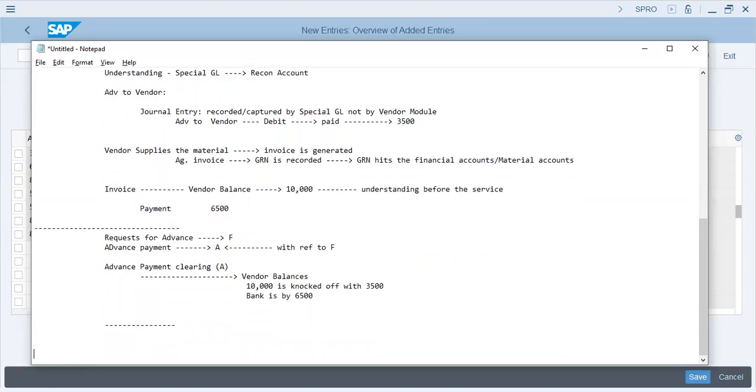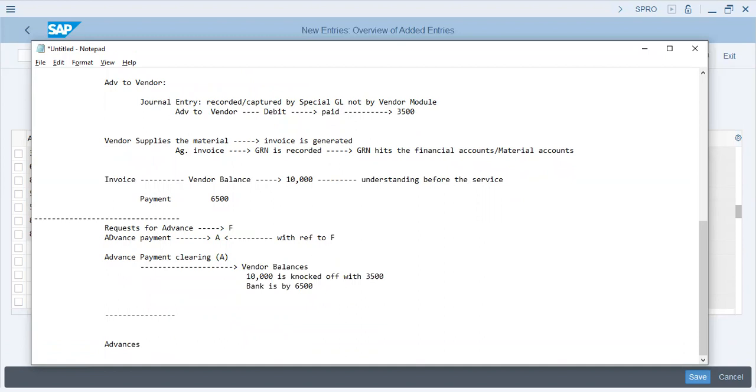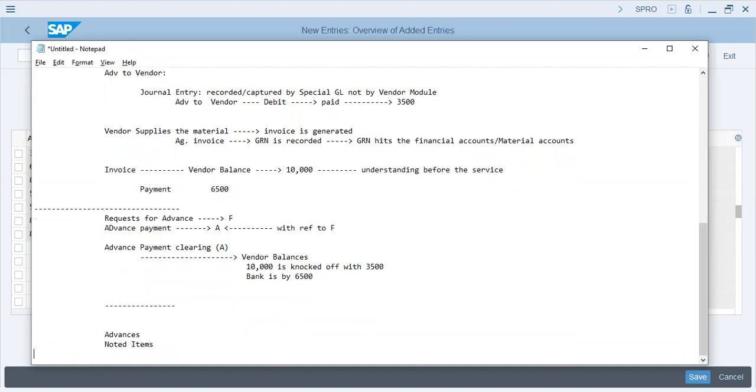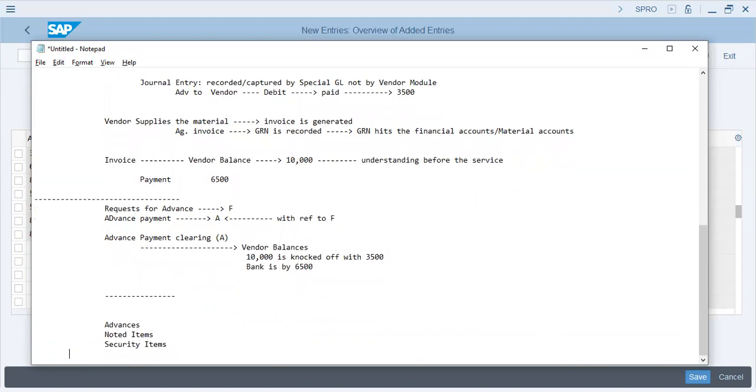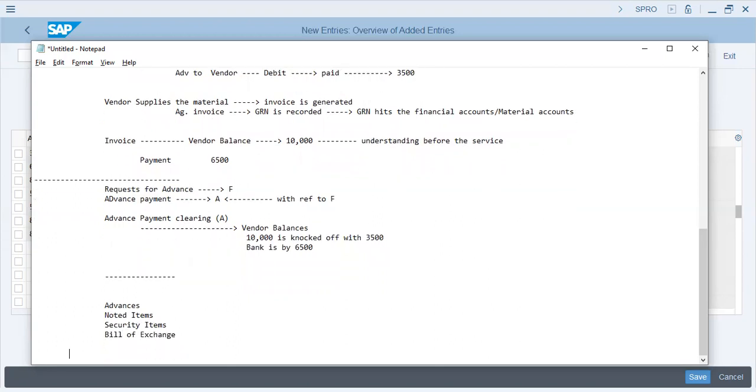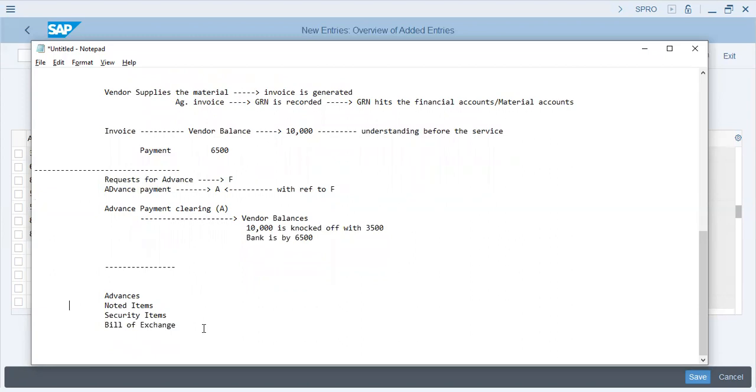Not very difficult, very interesting area. And what can you save and capture in special GL? Advances, noted items, security items, what else? Bills of exchange. Noted items, what are noted items? It's like rental security. Just an example, the security deposit that is not usable by vendor, not by you.